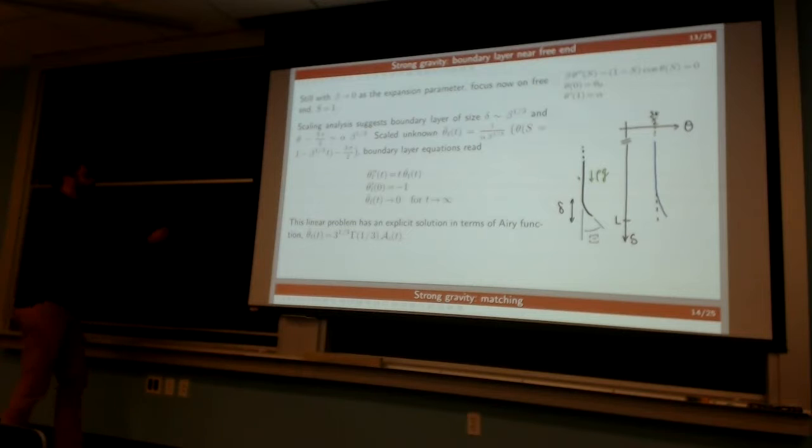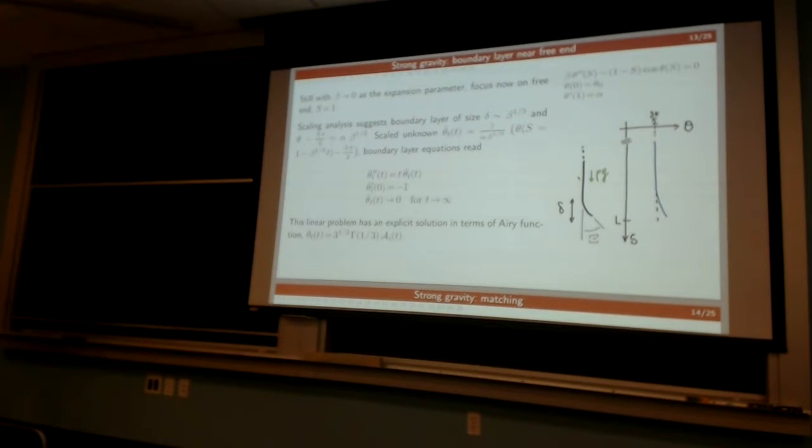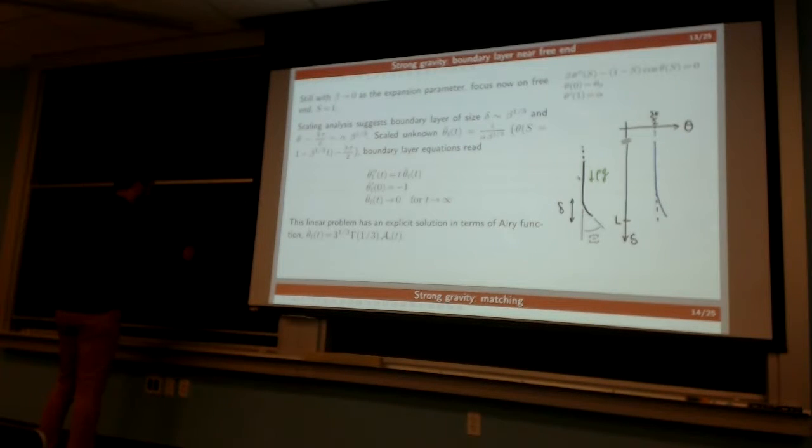Okay, so that's the scaling of the size of the boundary layer, which we use to rescale everything. And this can be used to check our assumption, right? So this is going to be correct as long as this is small in absolute value.